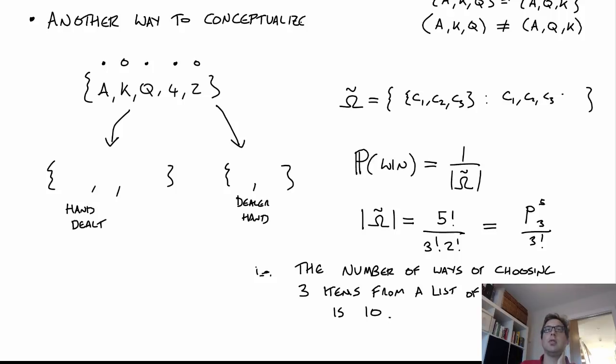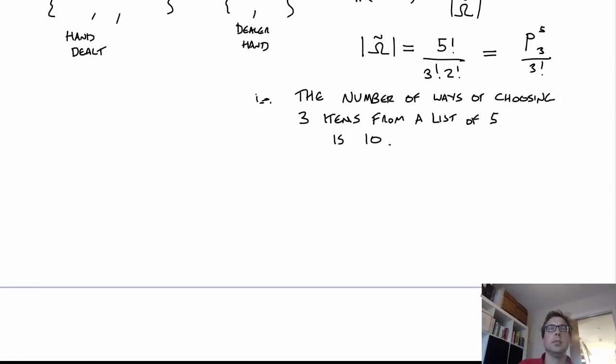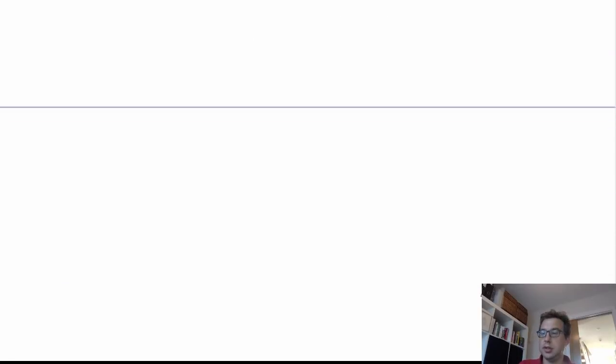Alright, so what's the long and the short of all of this is that we're essentially coming up with a kind of formula for the number of ways of choosing a number of items from a larger list. Okay? And that's what combination does. So I'll just explain that here.